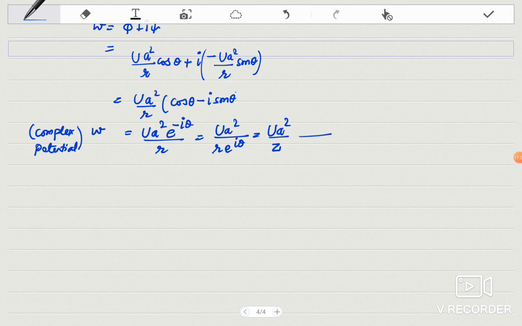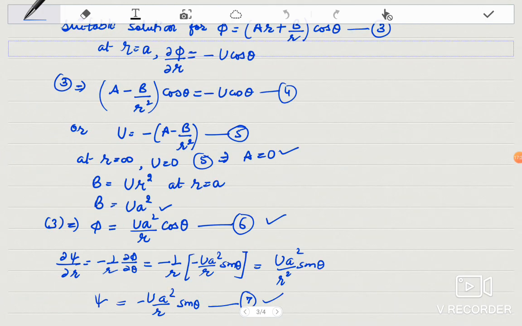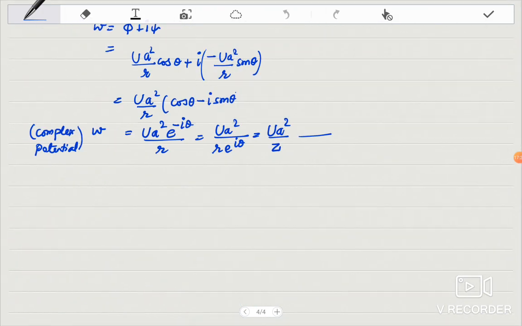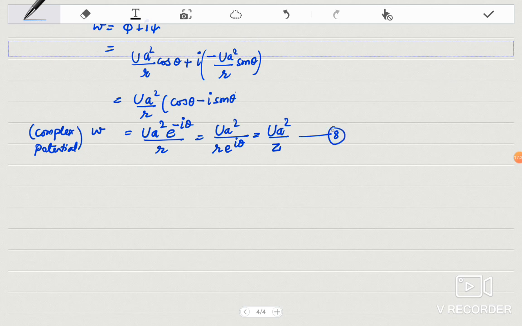Now I would also like to tell you another way of defining, which is quite simpler. The rest of this I'll do later.